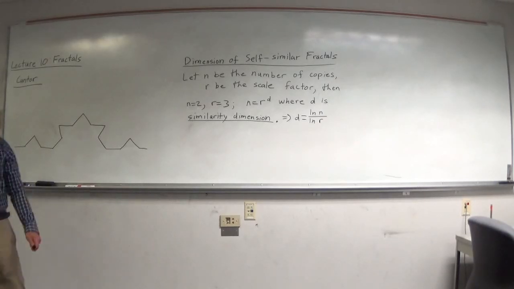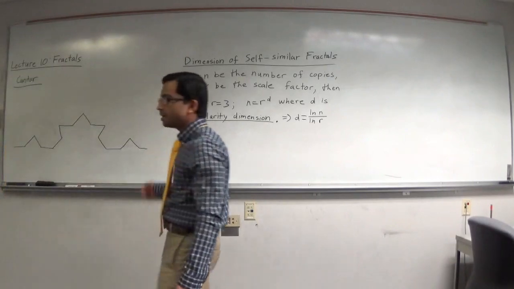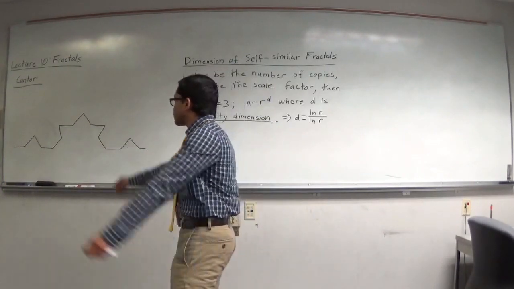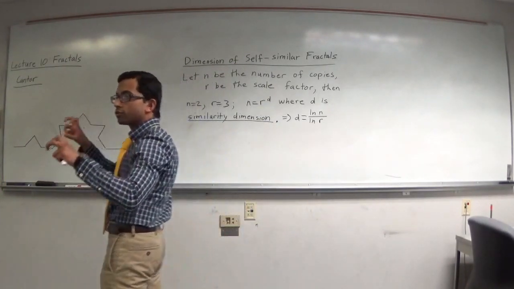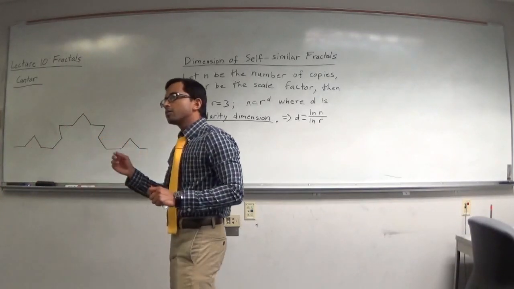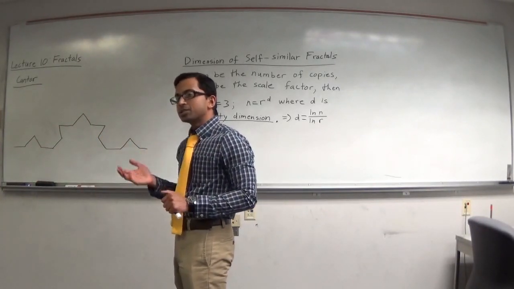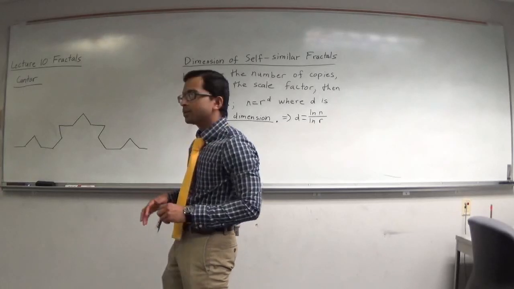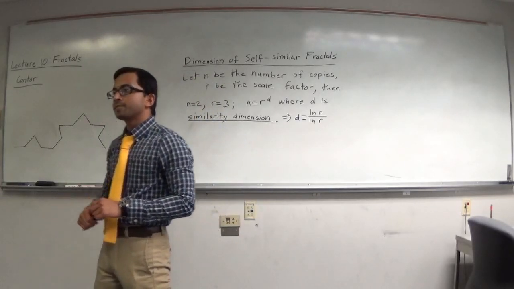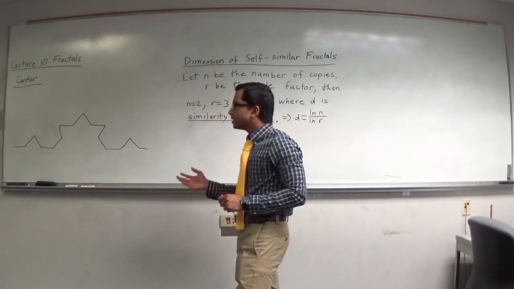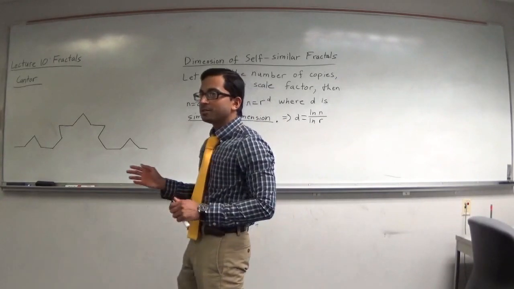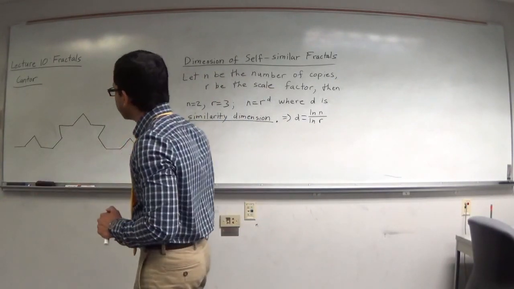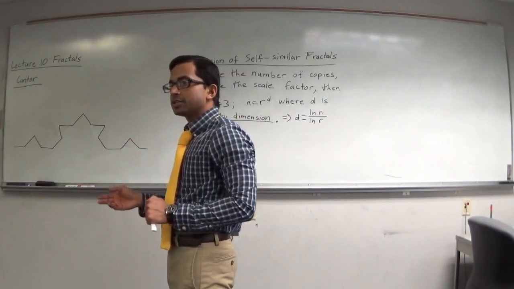If we continue this ad infinitum, we get a curve that has infinite arc length, which is weird, because how can a curve have infinite arc length? So clearly it's not just one-dimensional. It's something a bit higher than one-dimensional.